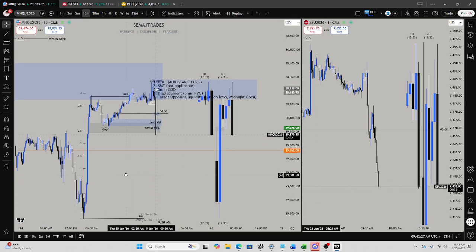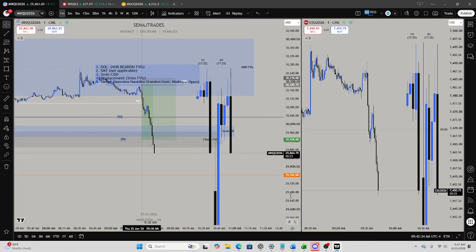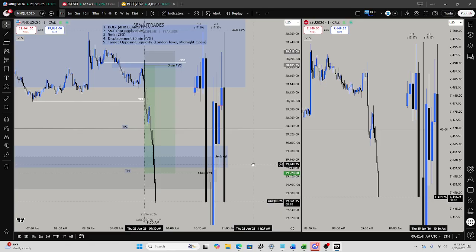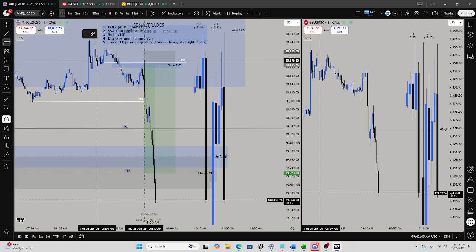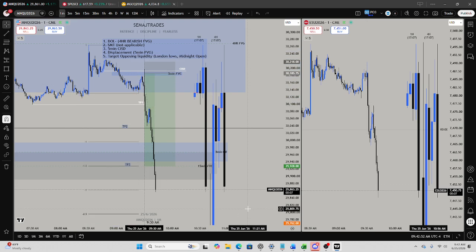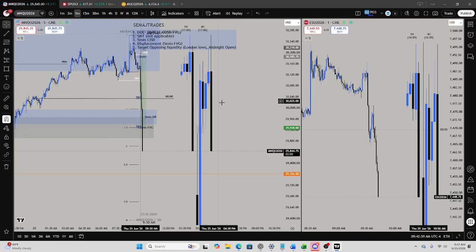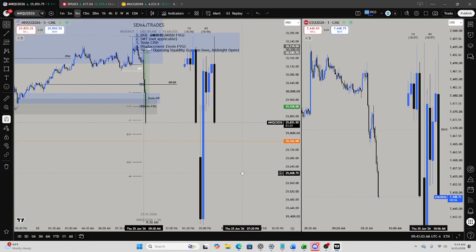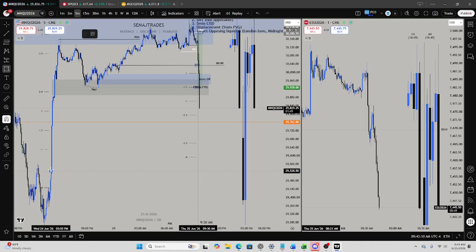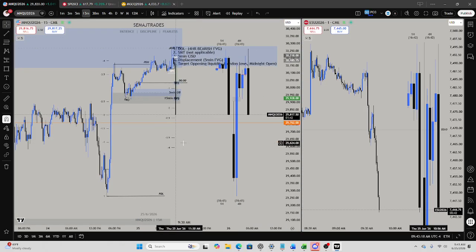I mean, what can we say our next targets are at this point? Along with previous day low. I don't know what would be next.